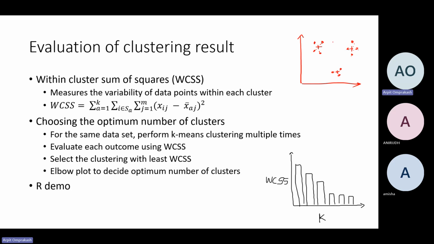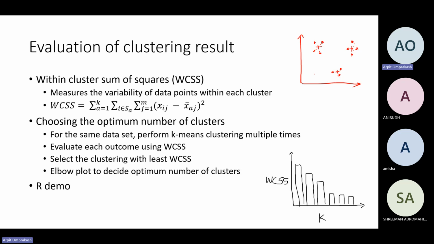So basically what we are doing is quantifying how spread out each of our clusters is. So this within cluster sum of squares will be greater, for example, if you have two types of clusters. You have one cluster here in which all the data points are very close by. And then you have another cluster here where some of the data points are slightly farther away.